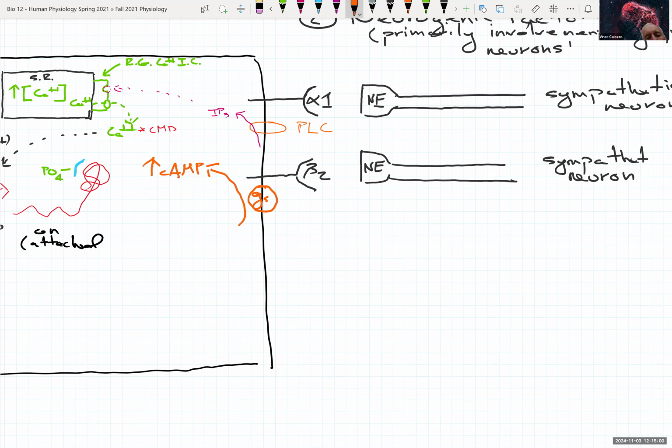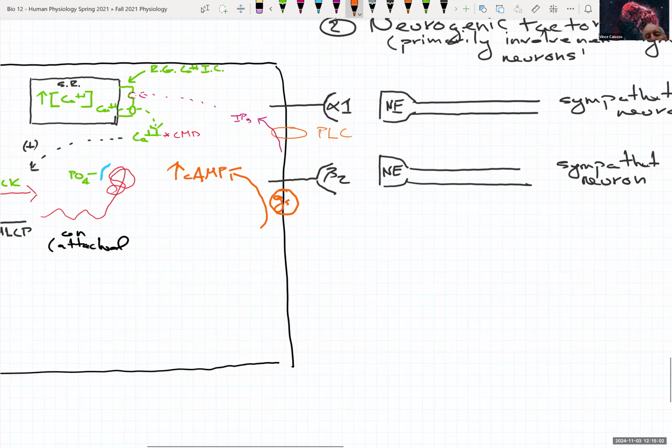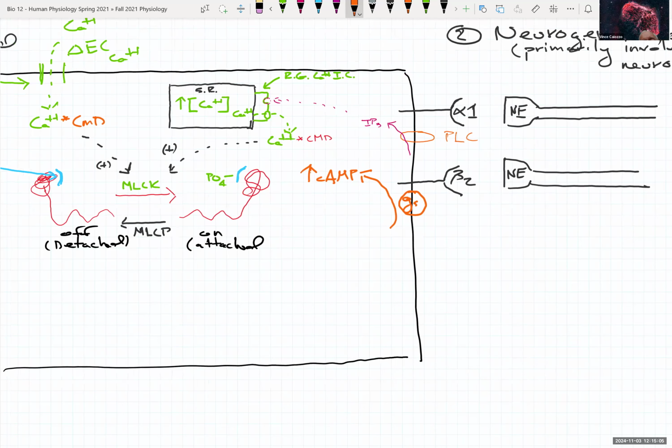This increase in cyclic AMP levels, however, will actually have a negative impact on myosin light chain kinase. So in this case, high levels of cyclic AMP actually inhibit the myosin light chain kinase.